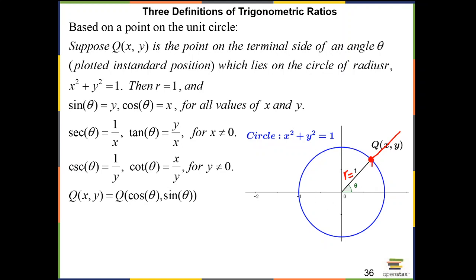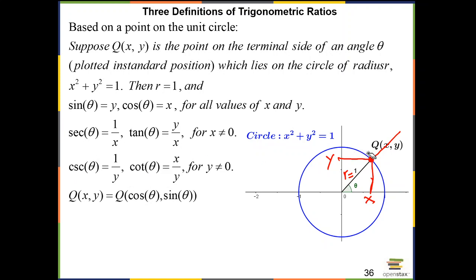And now we can easily see that if we use the same definition, sine would be y over 1, but 1 doesn't matter, so we're going to just say sine is y. Cosine is x over 1. Remember, r is 1, right? So it would be just x. And the rest of them are related to sine and cosine. Tangent is y over x, and the other three are reciprocals.